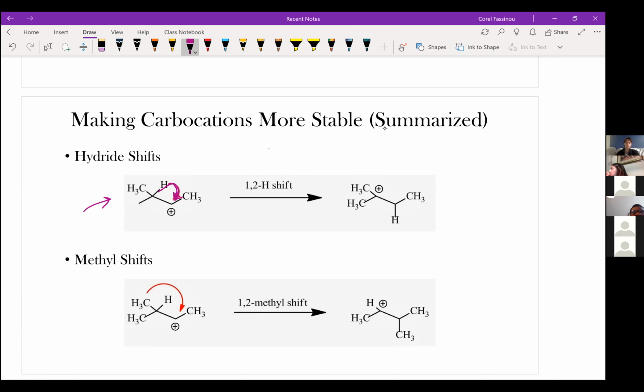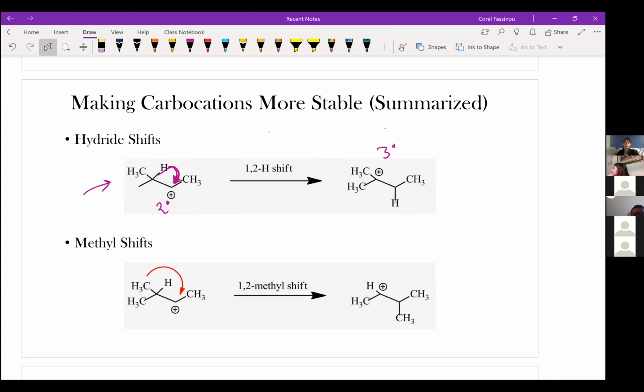In this first example, they're doing a hydride shift going from this secondary carbocation to this tertiary carbocation. And in the bottom, they're doing a methyl shift going from this secondary carbocation to another secondary carbocation.